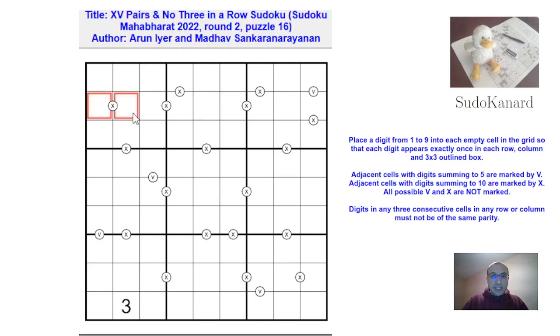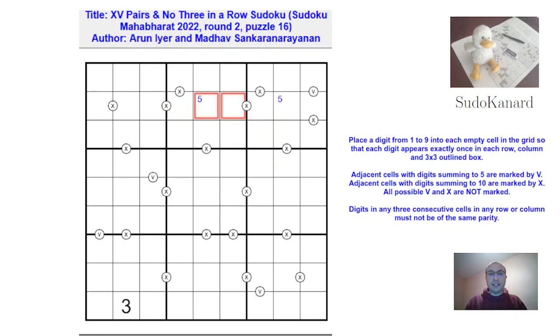What we can see is that on this row, there are only two places possible for digit 5, and those places are those two cells. Only then can have a 5, because 5 can't go with an X symbol. Why is that interesting?